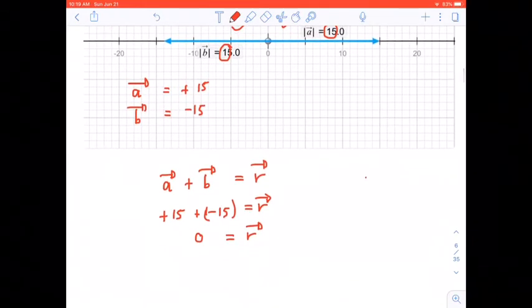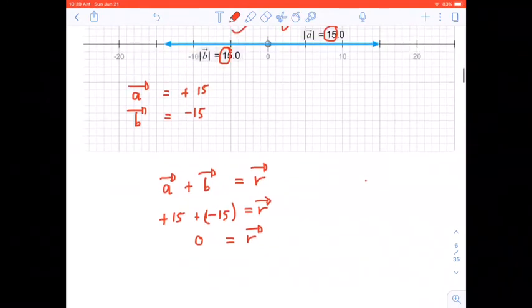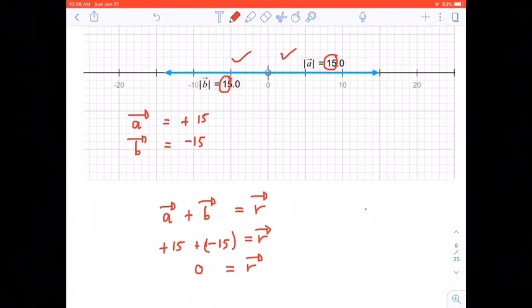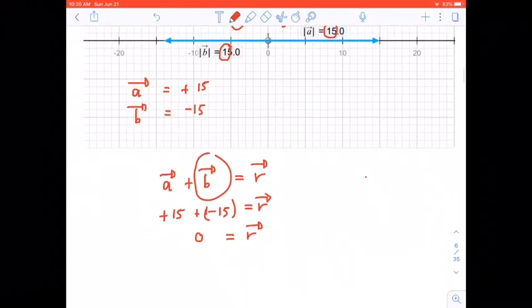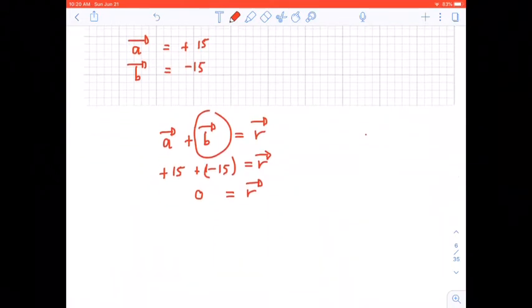If we look at this, B's magnitude is the same as A's, but it's in the opposite direction. So essentially we are saying that A plus minus A is equal to 0.